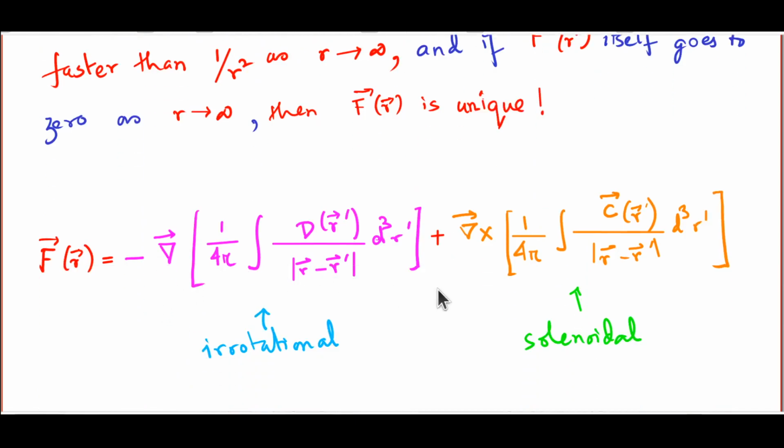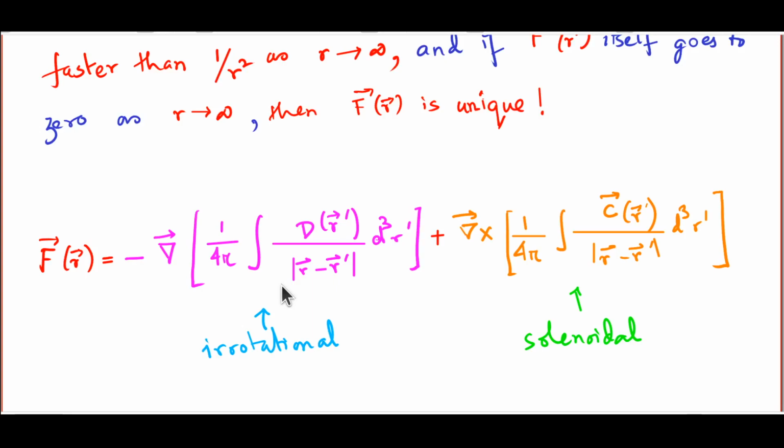Now this equation may look a bit complicated at this stage, but I would like to point out that what is being said here is f of r is essentially gradient of a term which involves the integral of d of r. And in fact, this particular integral may not be very unfamiliar in the light of what we have seen a while ago. After all, this is exactly the kind of expression you get when you try to solve the Poisson equation.